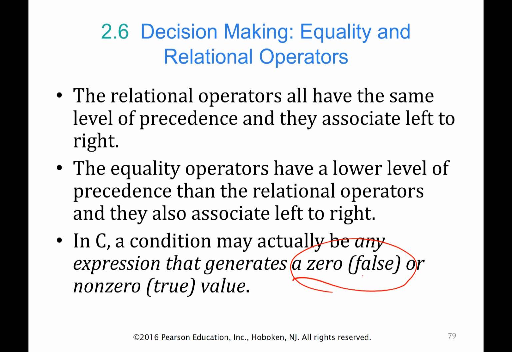If it's a mathematical operation where the answer is something other than zero, C will treat that as true. Because, without getting too complicated, C becomes machine code eventually.